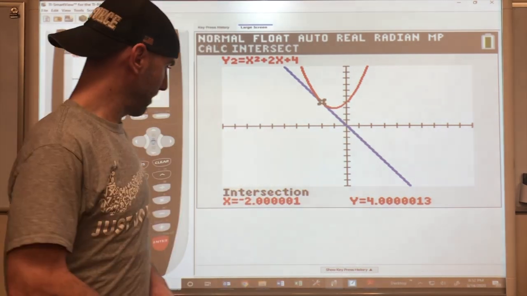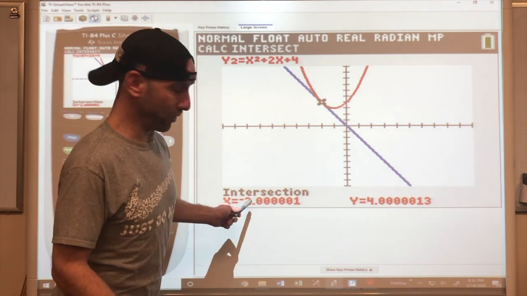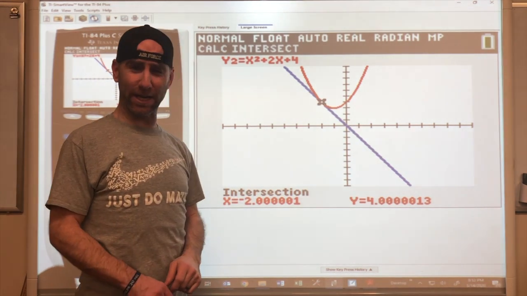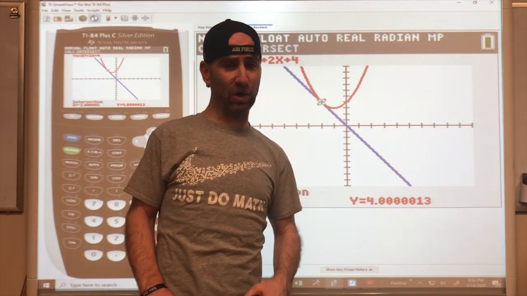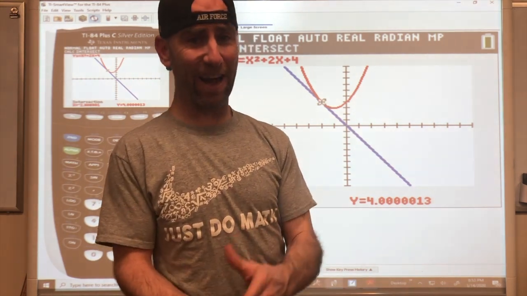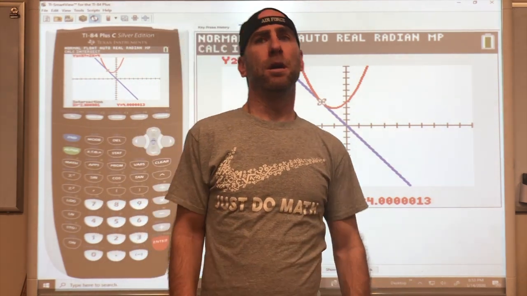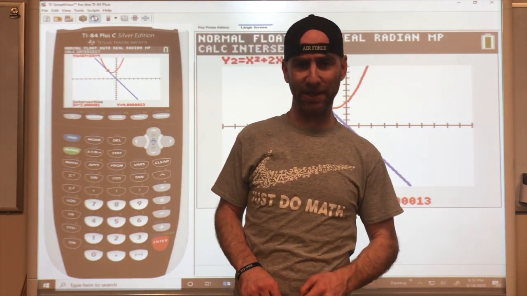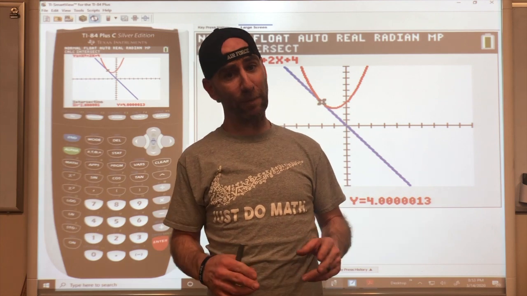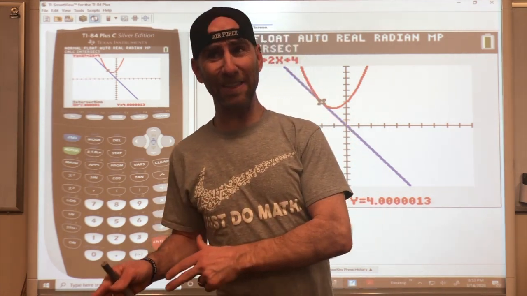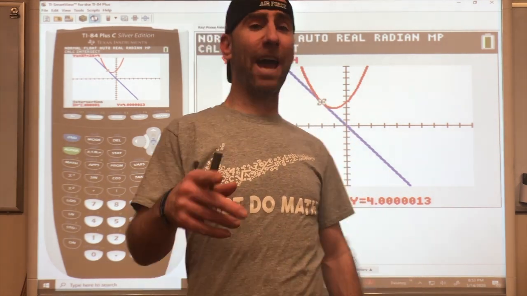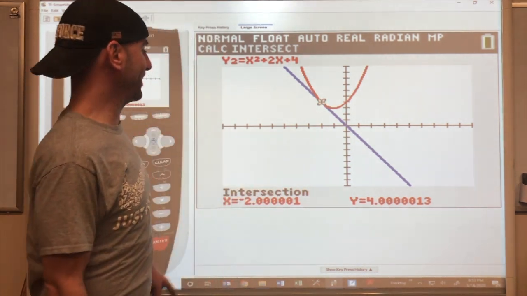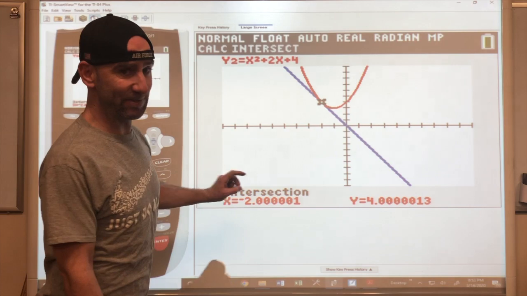The solution is negative 2. But you don't know if there is a second solution, and it's very difficult to let the calculator find that for you. So there's a way to determine how many solutions are possible using the quadratic formula, but we're not going to look at that right now. But for now, you know that there is at least one answer, and that answer is negative 2.